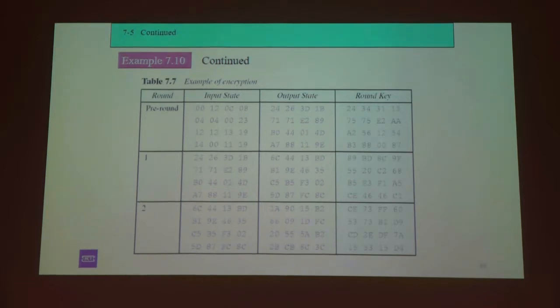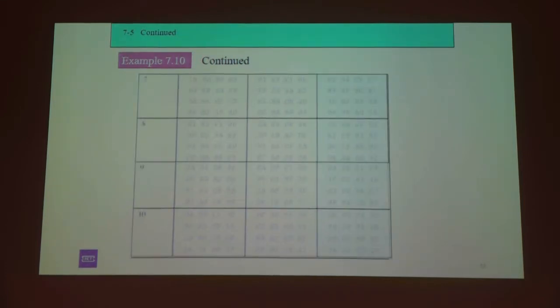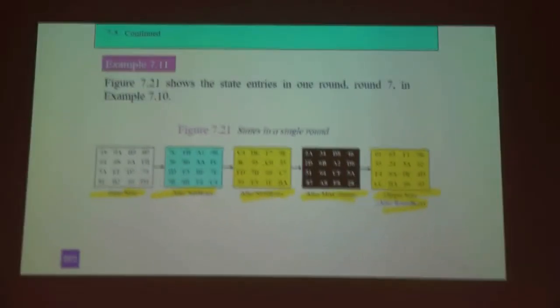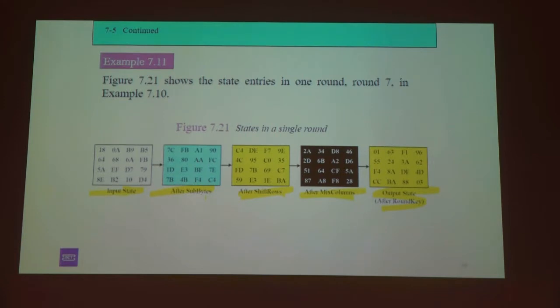You start with the input state, the output state, the round key, until you go to the end. It's completely different. Here it shows the state entries in one round. So you start with the input state, after the substitute bytes, after the shift rows, after the mix columns, and then after you apply the key. So it's completely different data, you cannot relate things together. Okay?